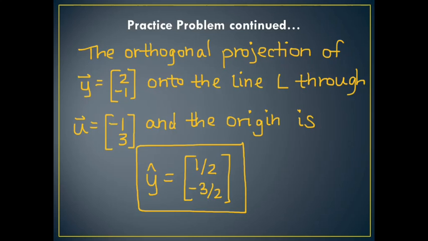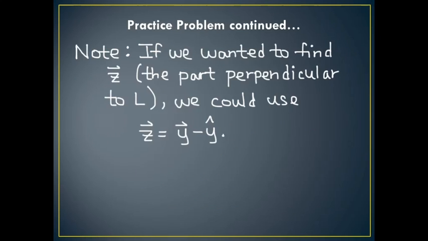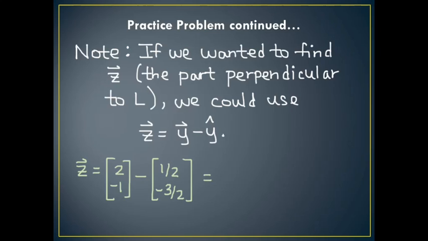Now, if we wanted to find z, the part perpendicular to L, we could use the formula z equals y minus y hat. And so if we do that, we just plug in the y we were given, 2, negative 1. The y hat we found was 1/2, negative 3/2. Just do your subtraction and you get 3/2, 1/2. So this particular vector is perpendicular to the line L.